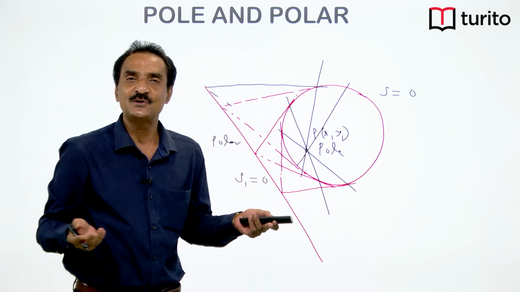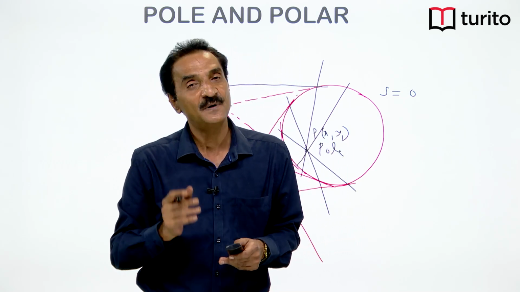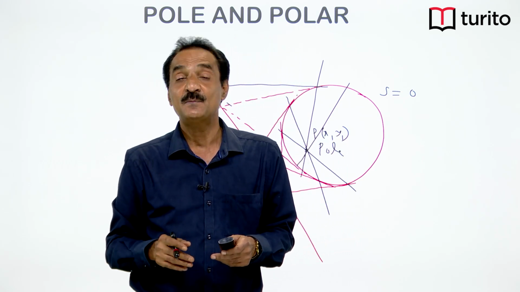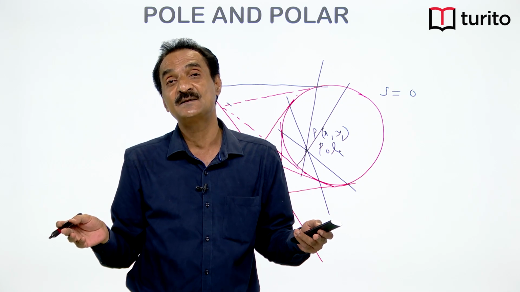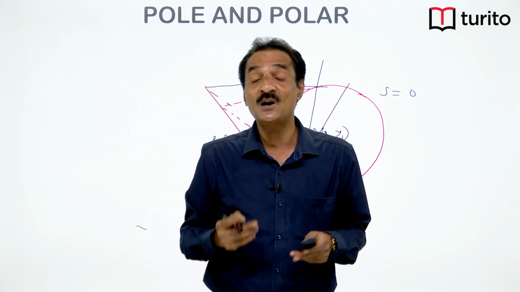See, S1 is equal to 0 is a formula for many things. It is the formula for the equation of the tangent, the equation of the chord of contact. Now, it is also the formula for the equation of the polar of a point.